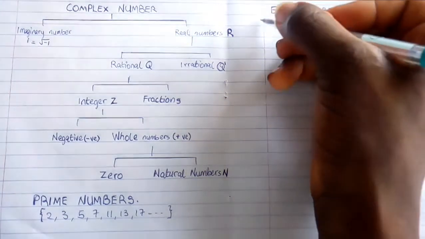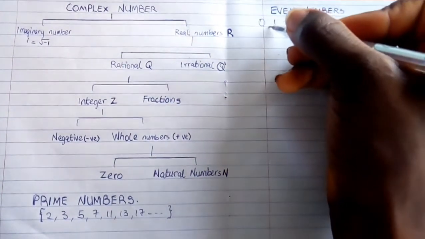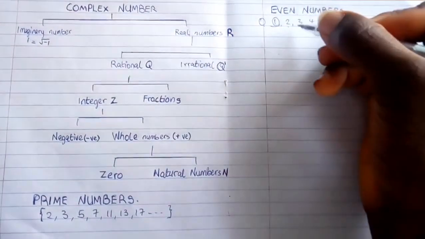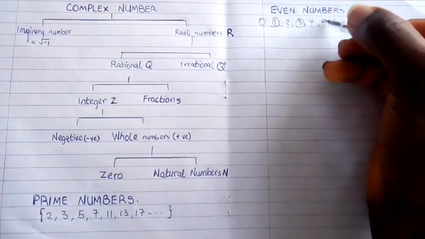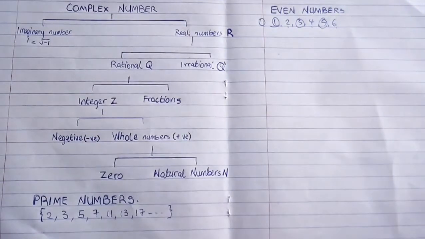Like you see 0 now. From 0 you skip one, you see another one. After this you skip one, you see another one. So they fall in every second place. When you see 0, you skip the next one, check the second one, the second one is an even number. You skip the third one, check the fourth one, it's an even number. So like that you go on. Or you can just bring your calculator and check for numbers that when divided by 2 give no remainder. So all these are even numbers.